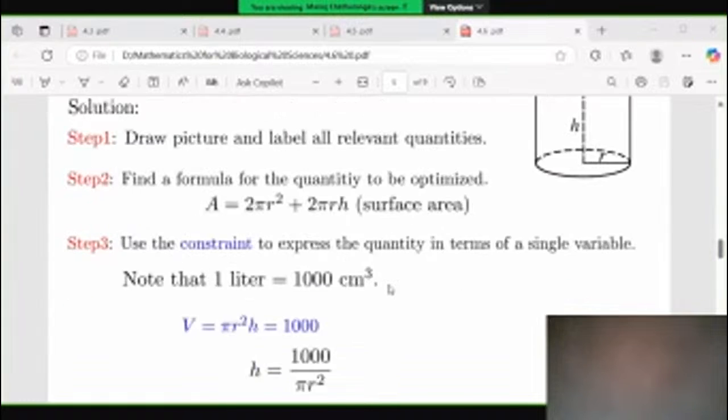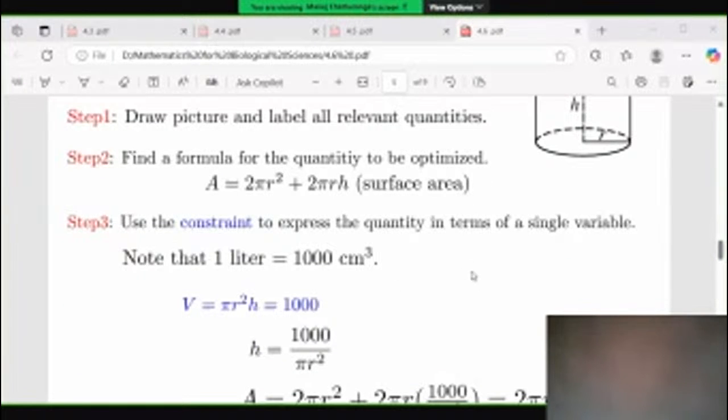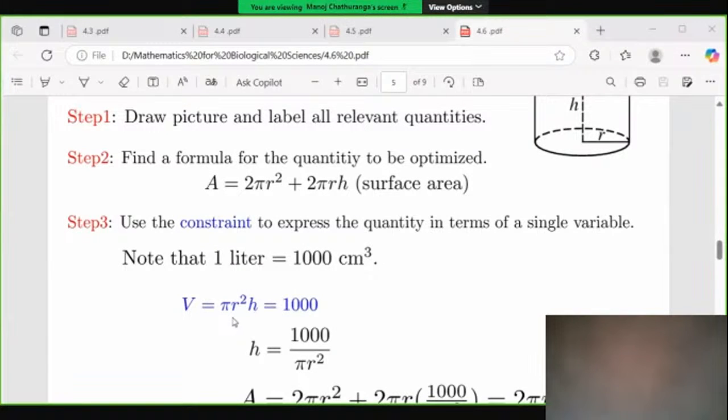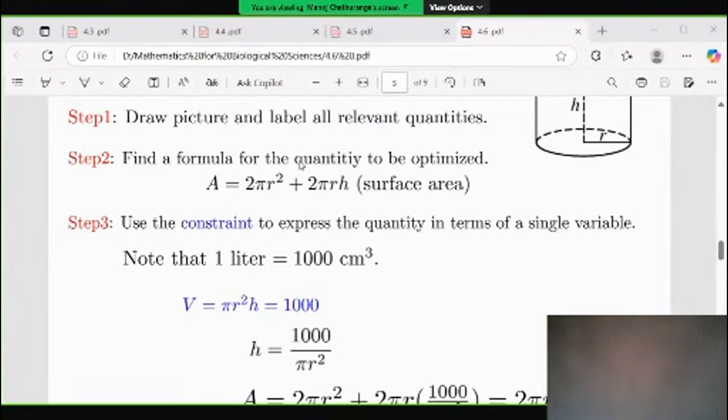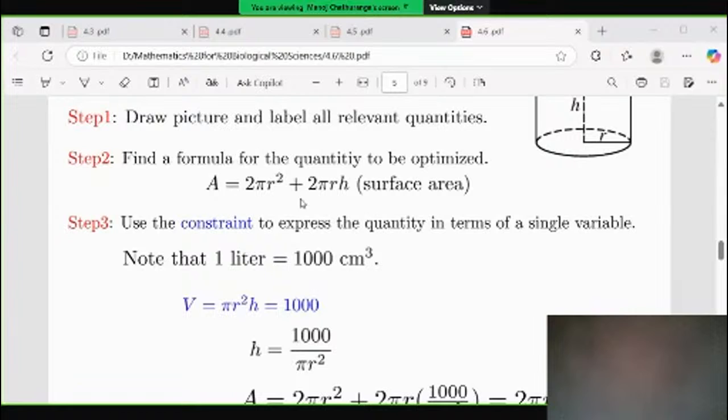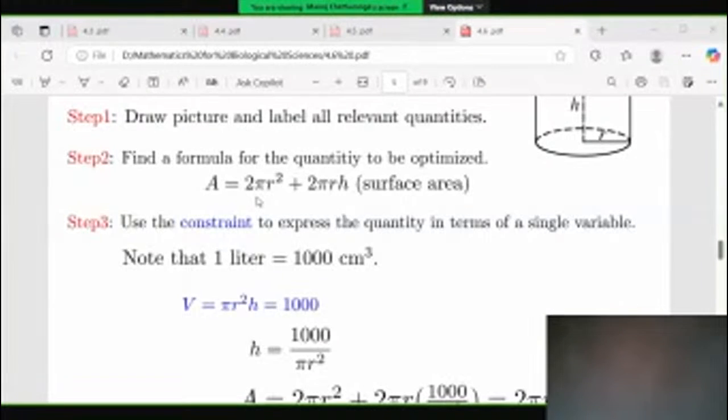Then we are given a constraint. Volume is a constant. It is 1000 cubic centimeters. Volume is pi r square h. Let's think about this for a second. We have area as a function of two variables, r and h, both of them present in this expression.